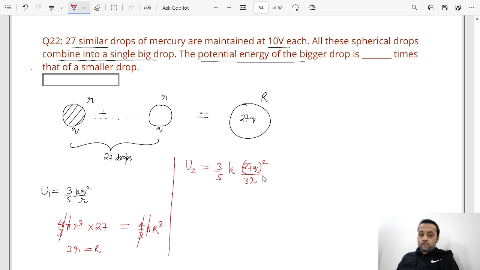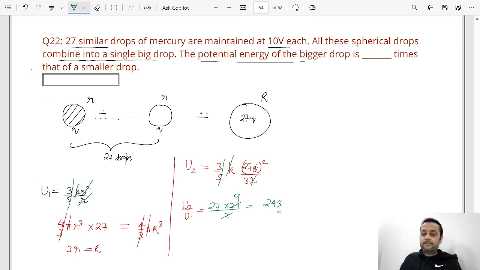Now if I take the ratio u2 by u1, the 3 by 5 cancels, k cancels, q square cancels, r and r cancel. The only thing left will be 27 into 27 upon 3. So 3 into 9, and 27 times 9 is 243. That means this value will be 243.